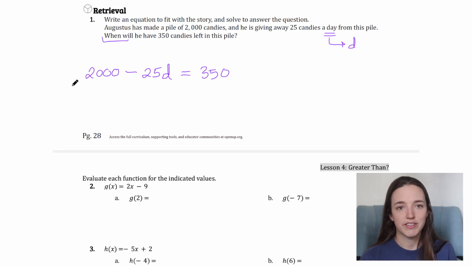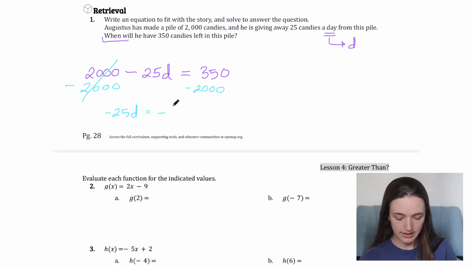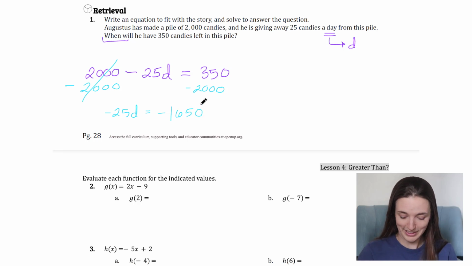I want to get rid of this 2,000 because I'm trying to get this variable by itself, so I'm going to subtract 2,000 from both sides. That gets rid of this, and now I have negative 25d equals negative 1,650. I'm not going to lie, I used a calculator.